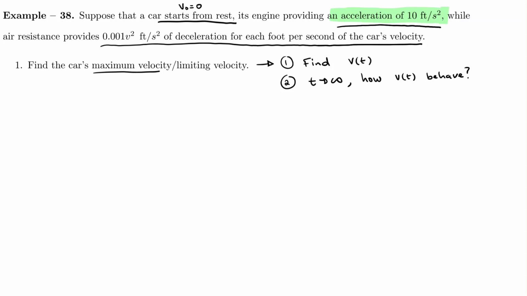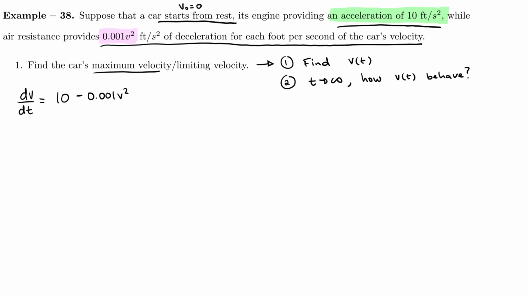And then countering that we have air resistance, so a decrease in our acceleration of 0.001 v squared for every foot per second of the car's velocity. So the change in the velocity over time could be described as the positive acceleration minus the deceleration.